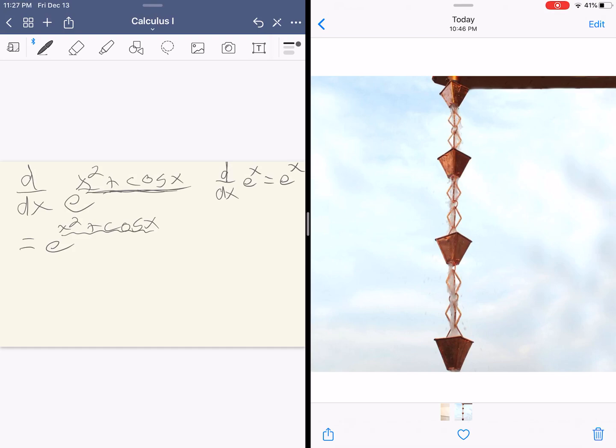It's x squared plus cosine x. So what I must do is multiply by the derivative of this thing here, which is x squared plus cosine x. So what's the derivative of that? Well, the derivative of x squared is 2x, and the derivative of cosine x is minus sine x. So minus sine x. And that will be the derivative of this function.